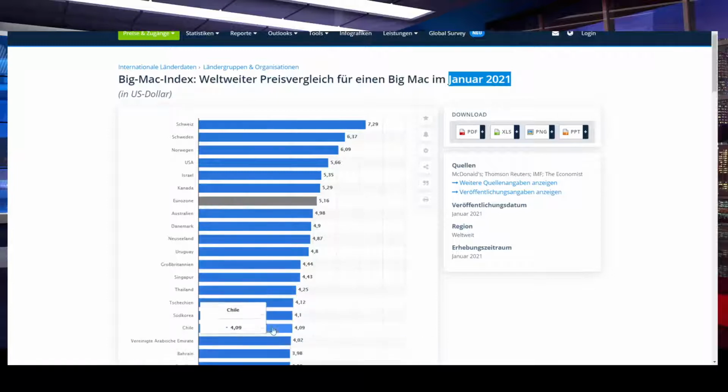They calculate the price of a Big Mac converted to US dollars in January. You can see the most expensive is Switzerland, where you would pay 7.29 US dollars for a Big Mac, whereas in the US the price of a Big Mac is 5.66 US dollars. In the Eurozone on average it's 5.16 US dollars, and so on and so forth.